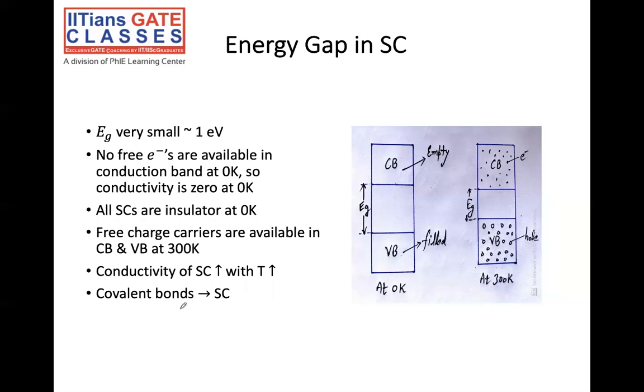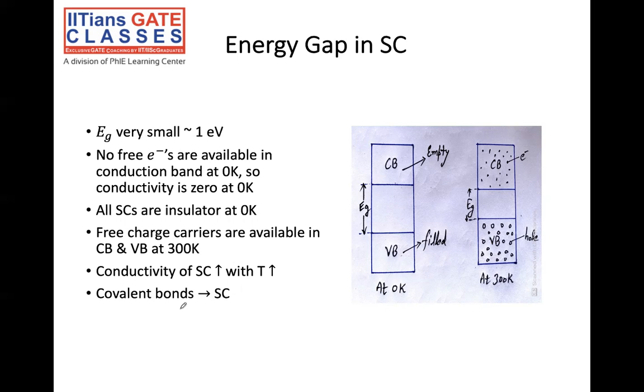Free charge carriers are available in the conduction band and valence band at 300 Kelvin, means free electrons are available in the conduction band and free holes are available in the valence band, and they are responsible for the conduction of the material.